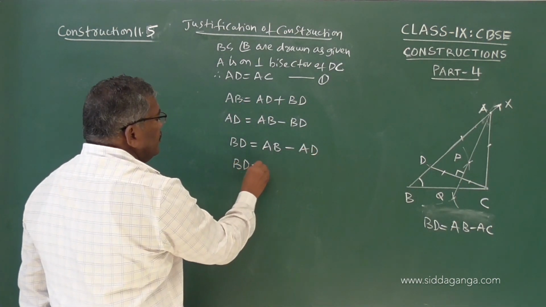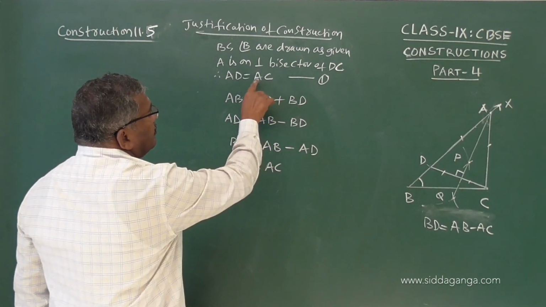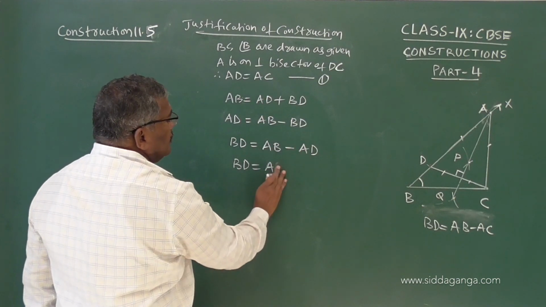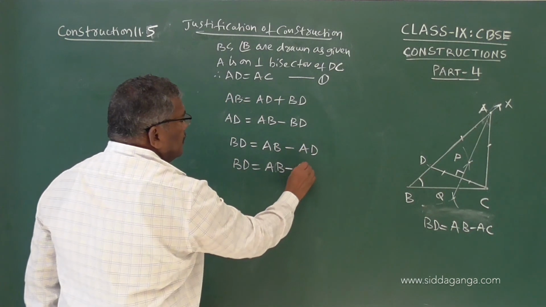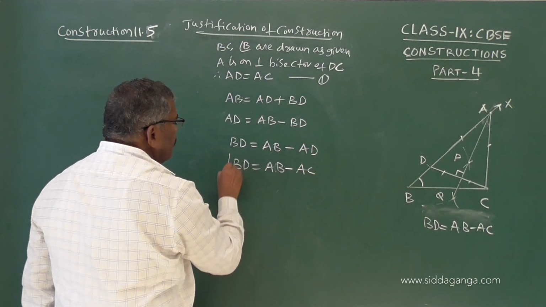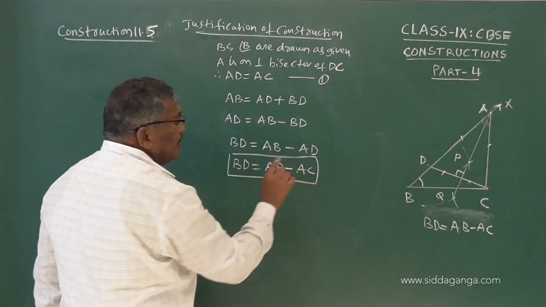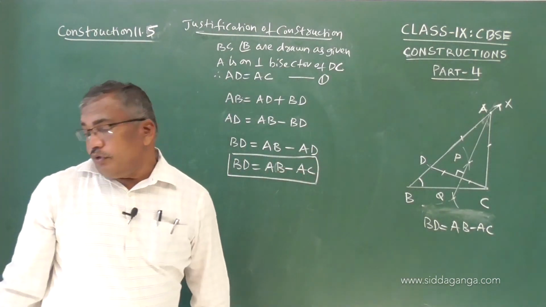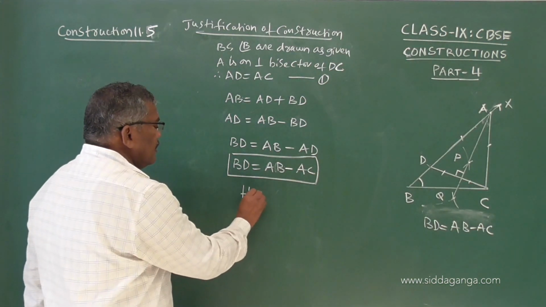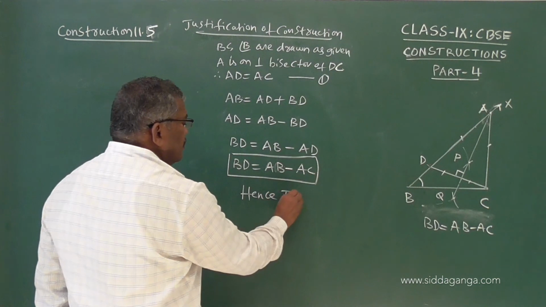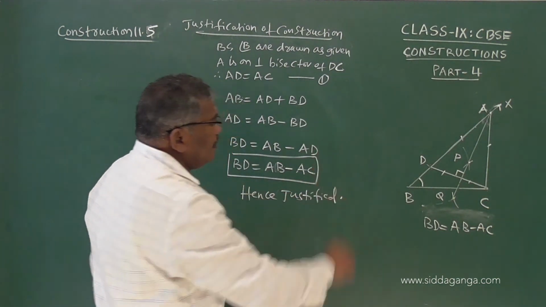AD is nothing but AC from equation 1. So BD is the difference of AB and AC. This is what we have proved. So hence justified, you can write: hence justified.